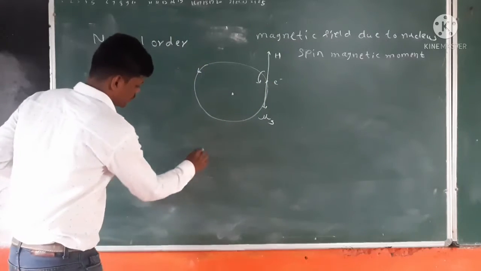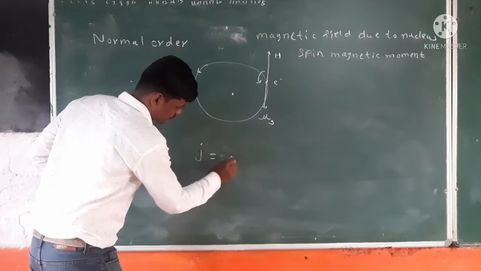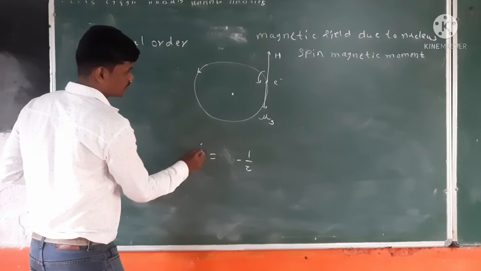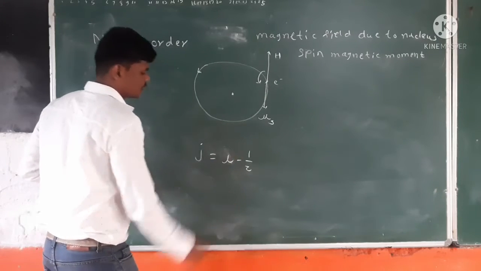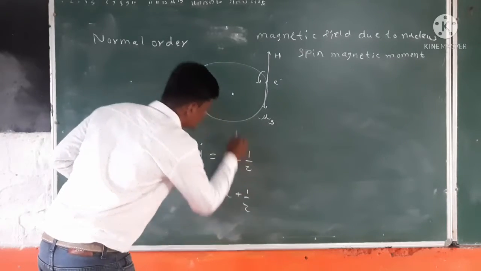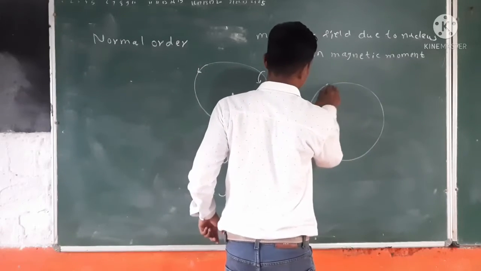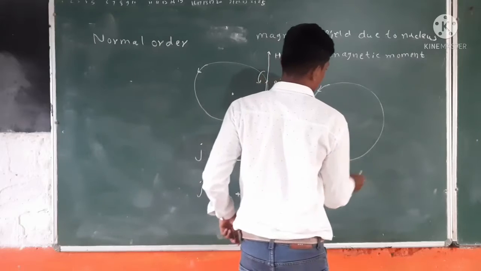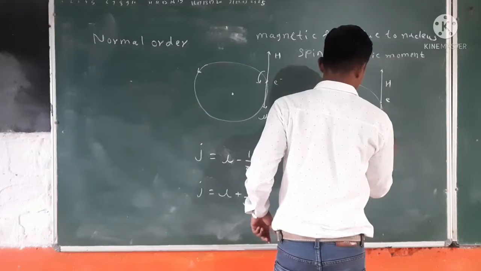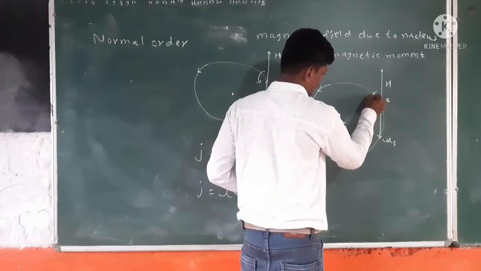In this case, we have the value of J as L minus S. We can use capital letters or small letters. Another case, J is equal to L plus S. So this figure is for L minus S. Another one, same orbit, nucleus, electron, but this time the spin is anti-parallel like this.